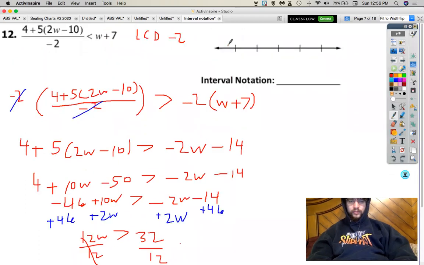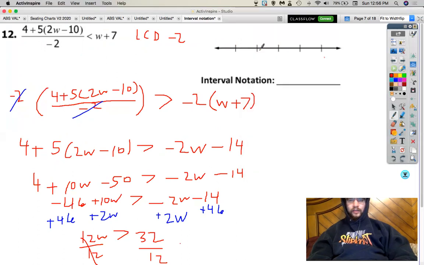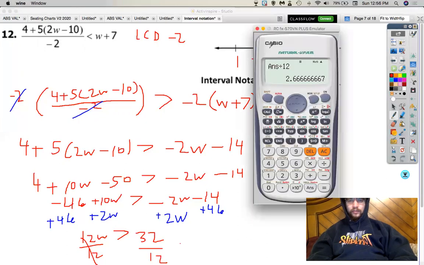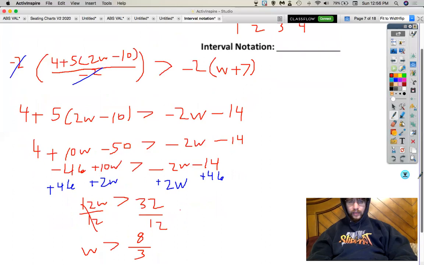So up here, I'm gonna go back to my calculator. 8/3 is like 2.7-ish. So I need to have, how about, let's do 1, 2, 3, 4. So it's gonna be closer to 3 than 2, so I'm gonna put my open circle right here. Again, doesn't have to be perfect. 8/3.